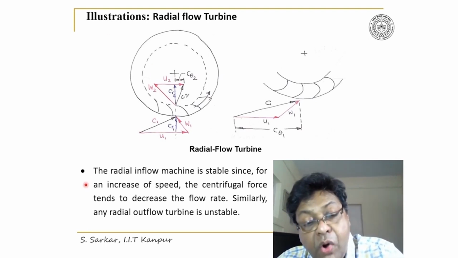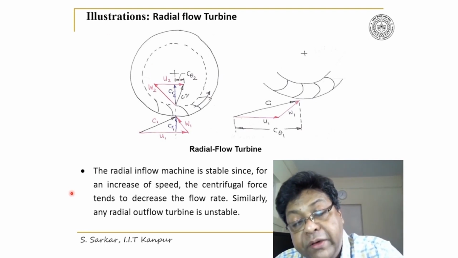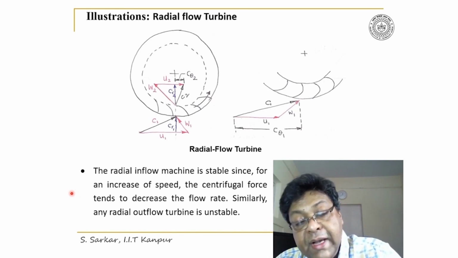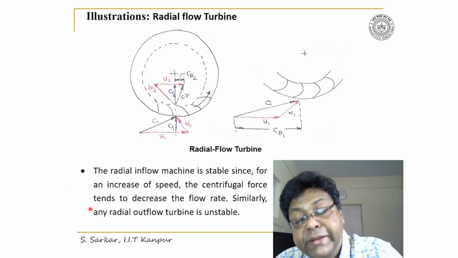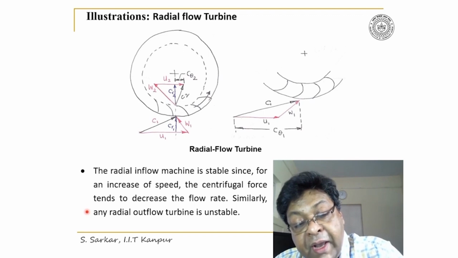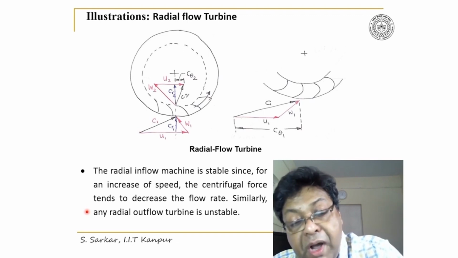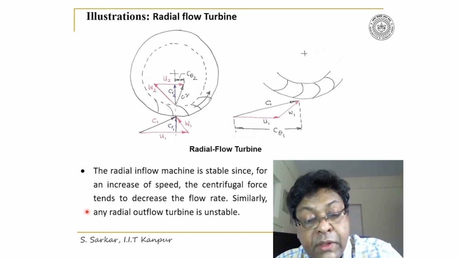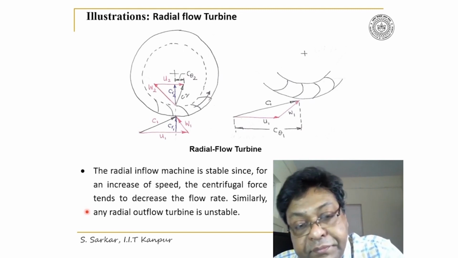Why? Because an increase of speed would tend to increase the centrifugal force, and in turn it will decrease the flow rate. Thus, please remember, an inward flow turbine is a stable machine, while an outward flow turbine is unstable.